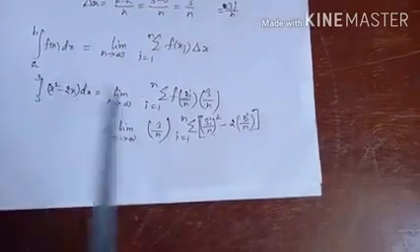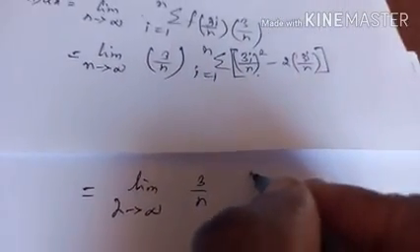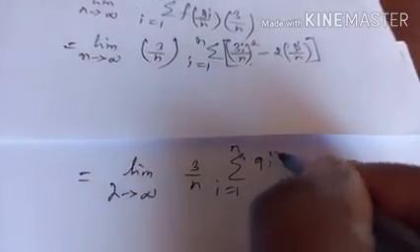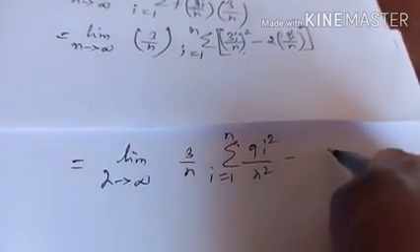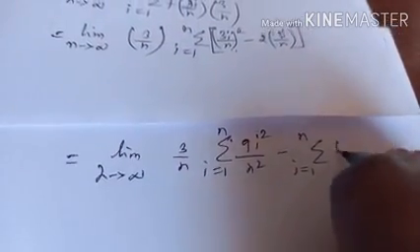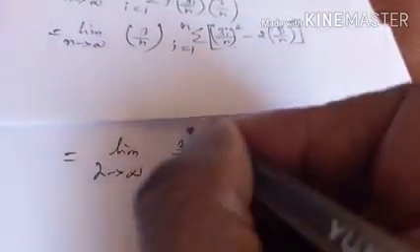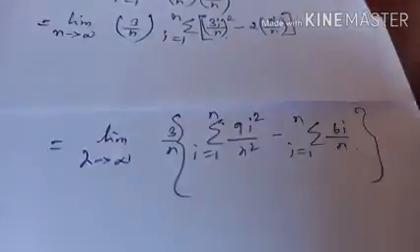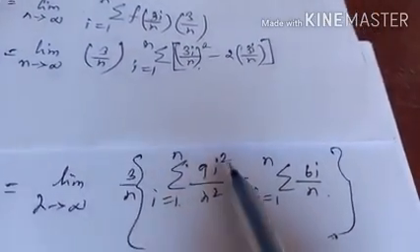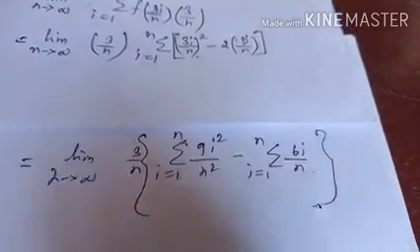Okay. Now let us simplify this, which is limit n tends to infinity, 3 by n and summation i from 1 to n, it is 9i square by n square minus 6i by n, where 3 by n is common to them, right? Summation is only for i, so you can take 9 by n square outside.